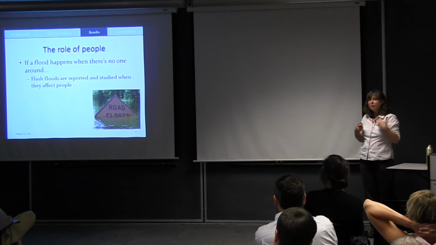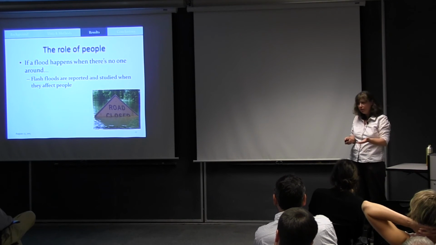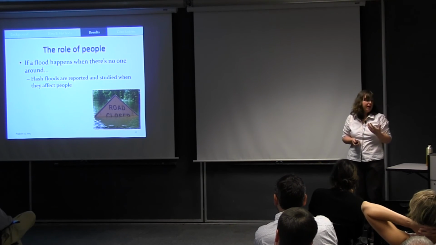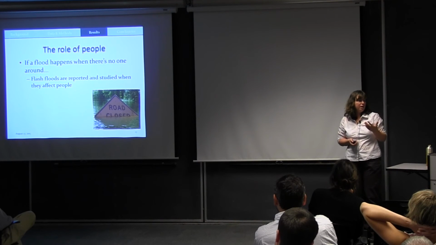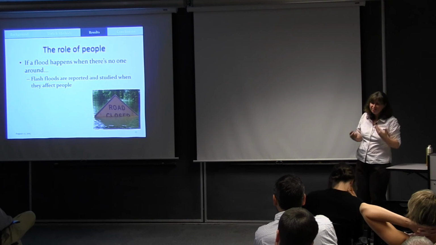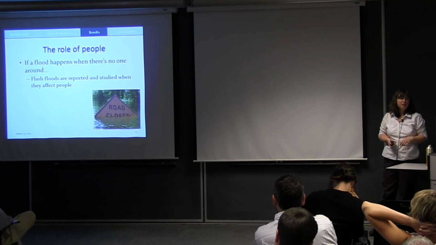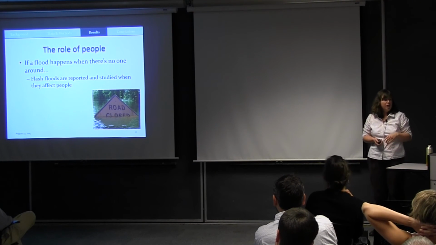So we really only care about flash floods when they affect us, when they flood our property, when they hurt people. And so there's this bias toward flash floods that happen in places where people live, places where people have paved things and probably developed some stormwater infrastructure of some kind to deal with excess water.